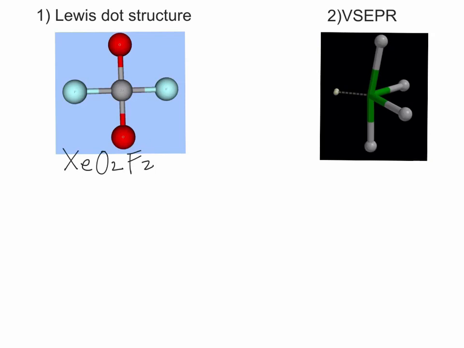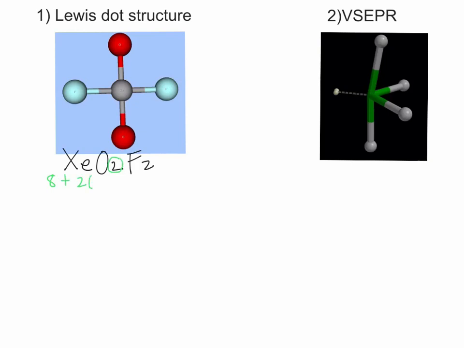We'll be using our periodic table and its respective groups to do so. Now we know that xenon has a full octet because it's a noble gas, and that is 8 electrons. We'll say 8 electrons plus 2 oxygens because of their subscript.